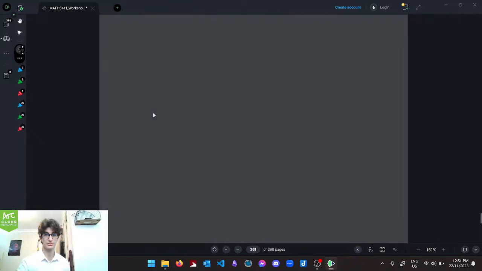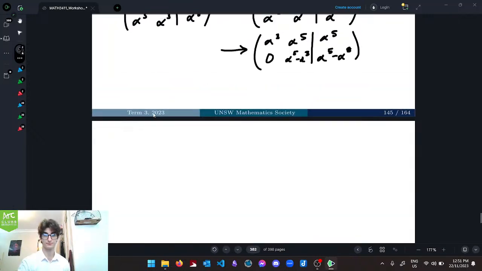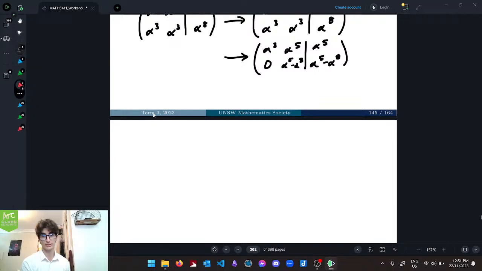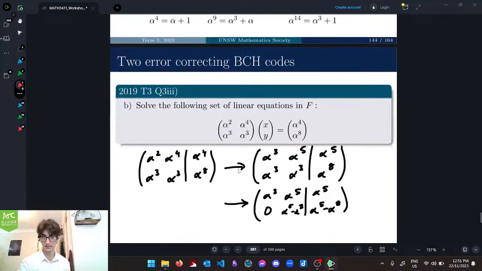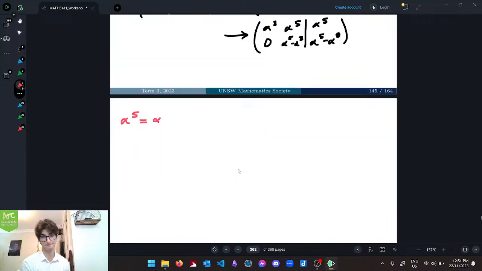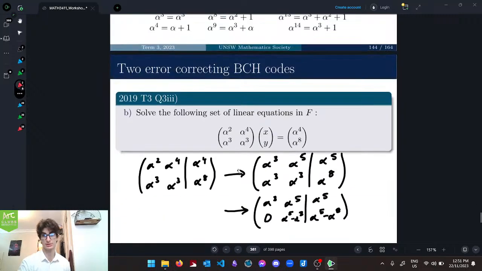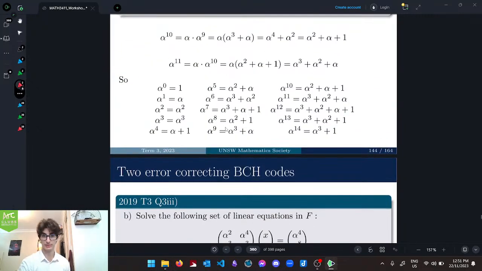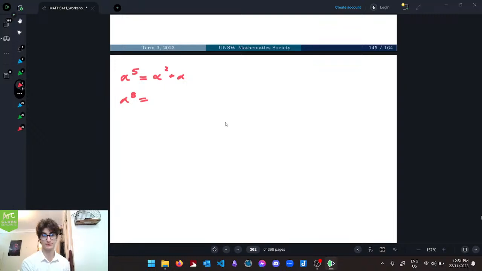Let's add a page. We know alpha to the 5 is equal to, going back here, alpha squared plus alpha. We know alpha to the 8 is equal to, going back here, alpha squared plus 1.